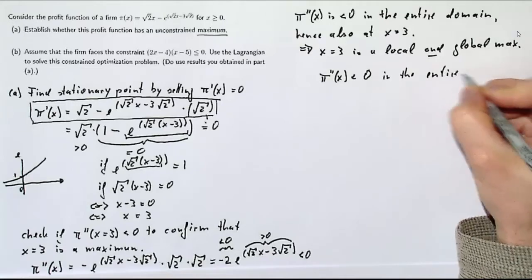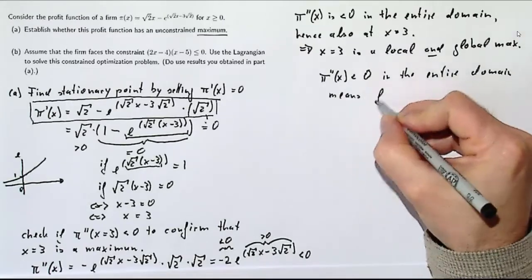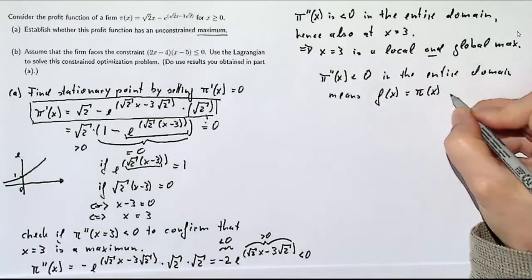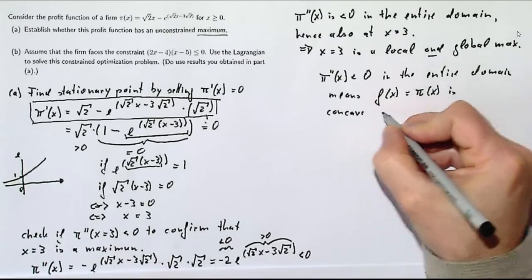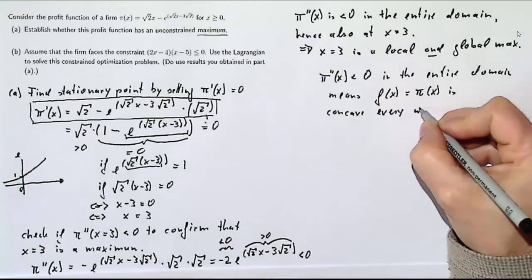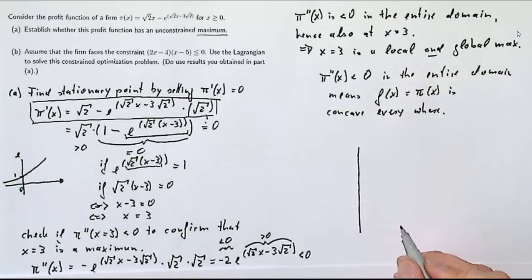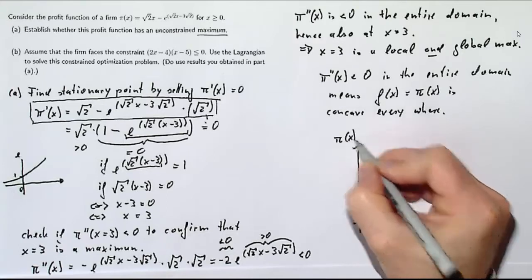Just to elaborate slightly on that point, we figured out that the second derivative of the profit function is smaller than 0 in the entire domain. That means that our function f of x, or we called it pi of x, is concave everywhere, on all possible values for x.